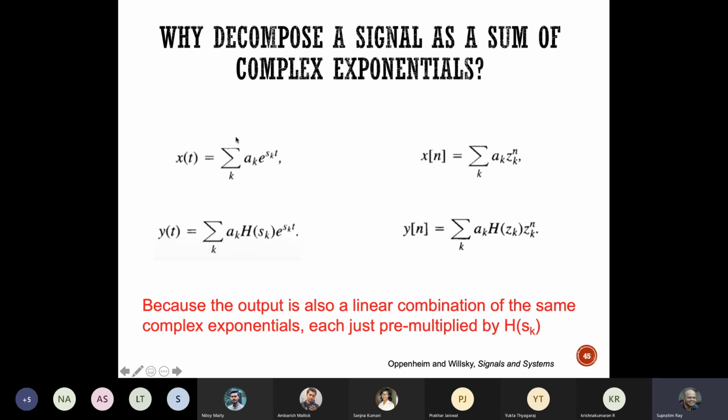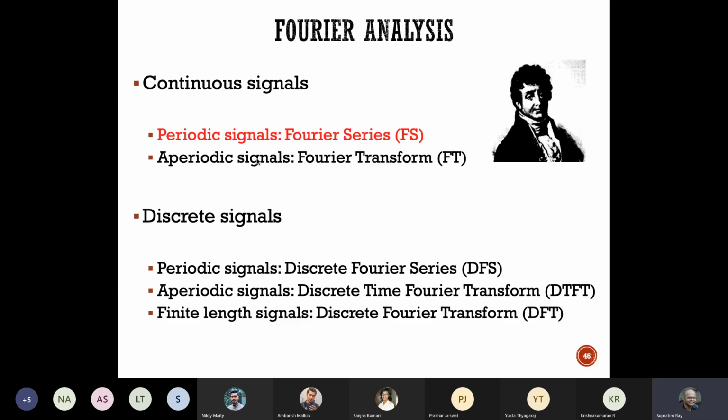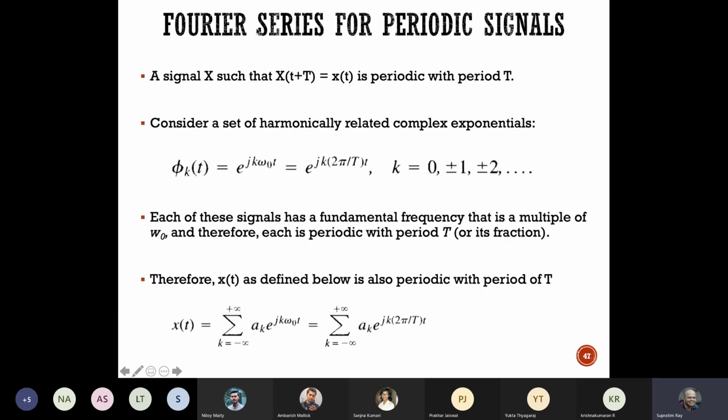So the question is, can I then represent my signal as a sum of complex exponentials? Okay, and that is the Fourier analysis. So we started out by talking about the Fourier series, which is a continuous periodic signal. How do you represent that? If you have got a signal which is periodic, this is what that means.